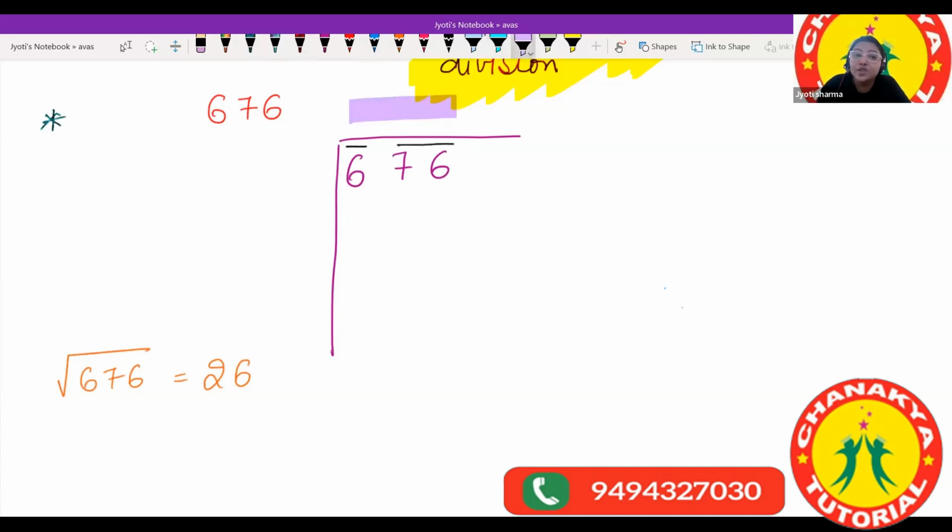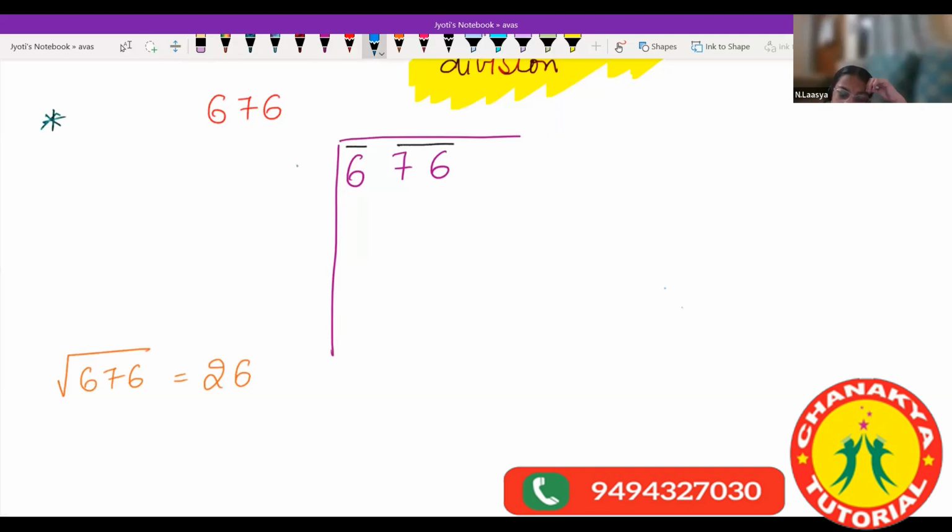This is your answer part, your quotient. If I do 1 into 1, it is smaller, I can get one more. If I do 3 into 3, that is getting bigger, 9. So I will do 2 into 2, which is 4.